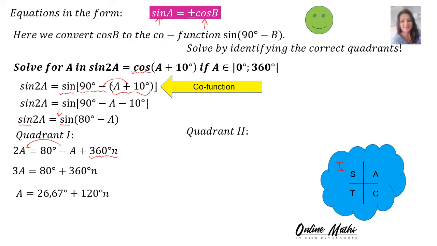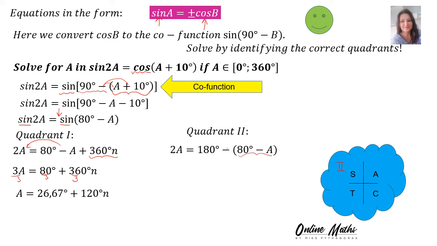Divide right through by 3, and you even divide the interval by 3. And then you end with A is 26,67 degrees plus 120 degrees n. And we will work with n now. Let's go to the second quadrant. On the left it's 2A equals, and in the second quadrant the rule is 180 minus reference angle.